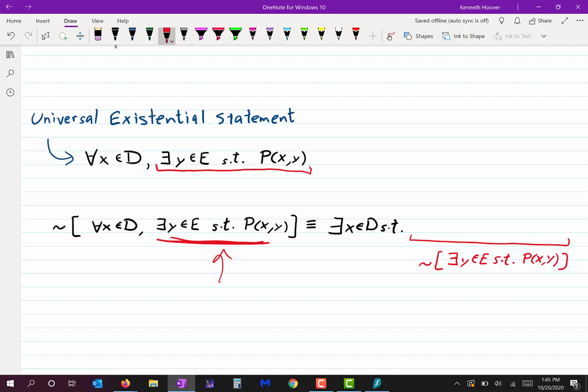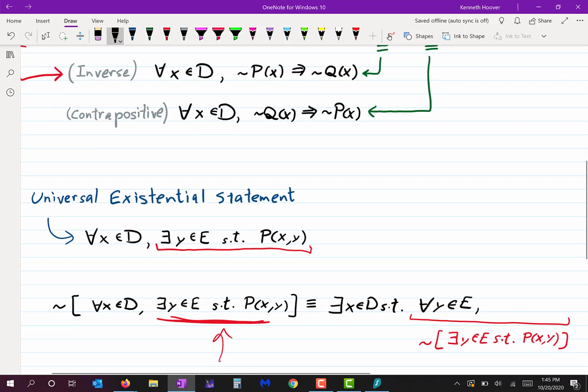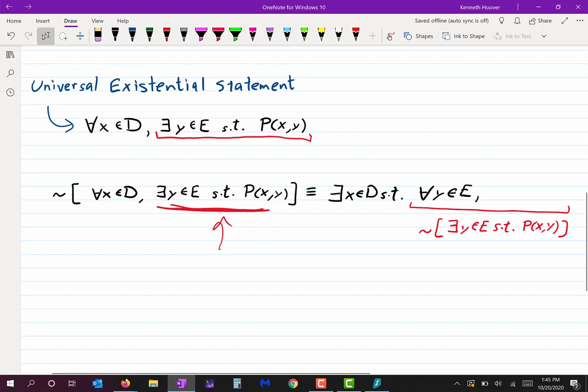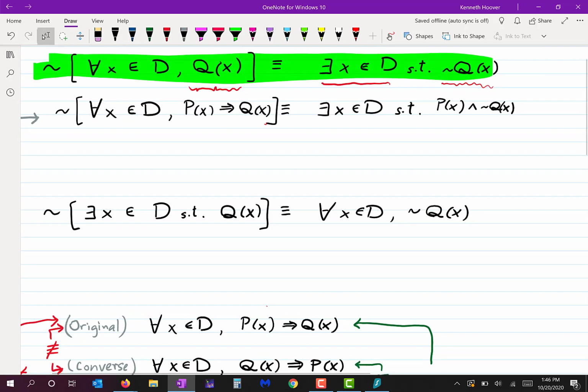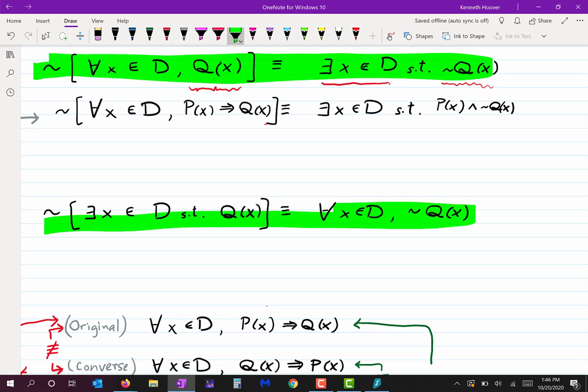How do I negate an existential statement? The existential part turns into a universal. So it'll be for all y in E, comma, and then after that should be the negation of P of xy, because that's how you negate an existential statement.